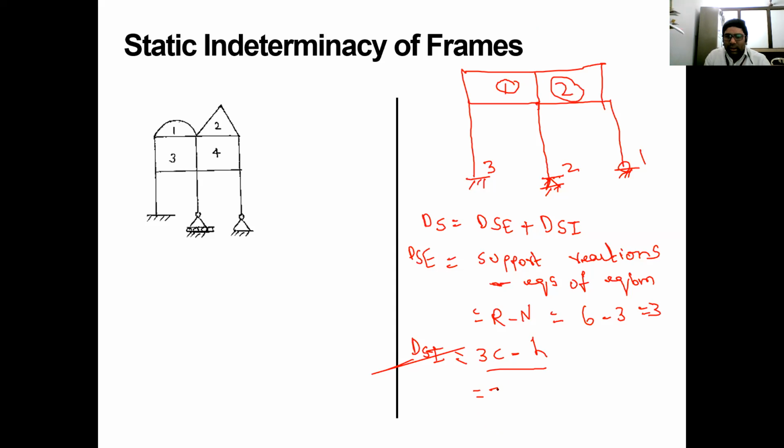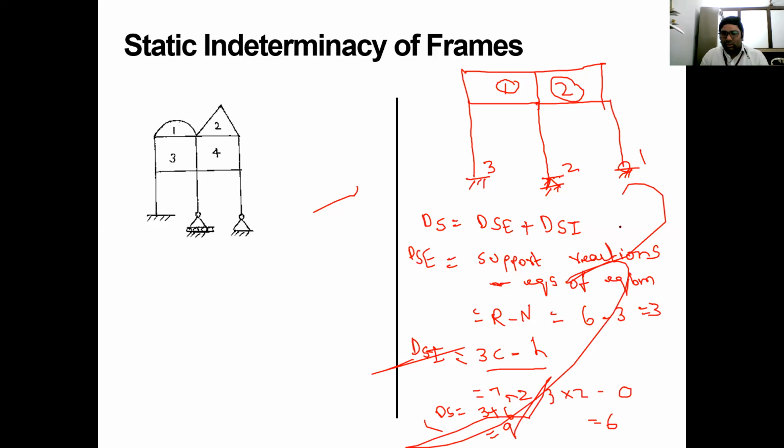That is equal to 3 into 2. 3 into 2 minus any internal hinge? Not there. 0. That is equal to 6. So which means the degree of internal indeterminacy is 6. So DS is equal to 3 plus 6, that is equal to 9.